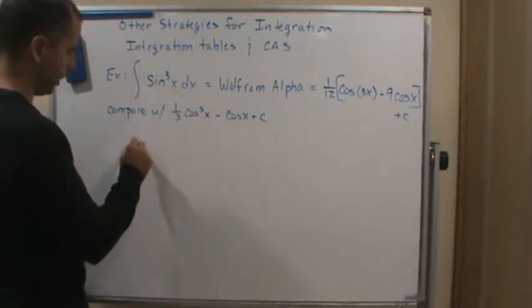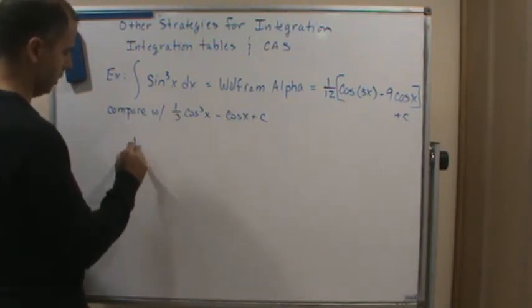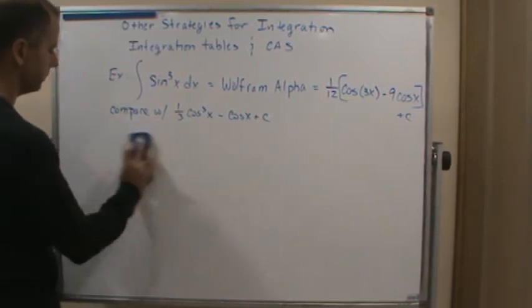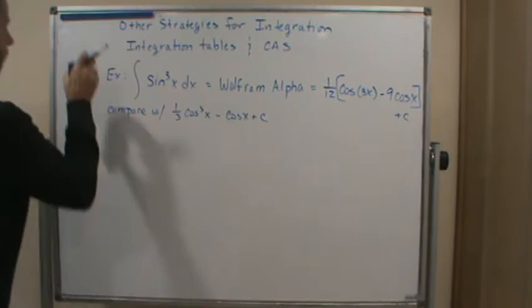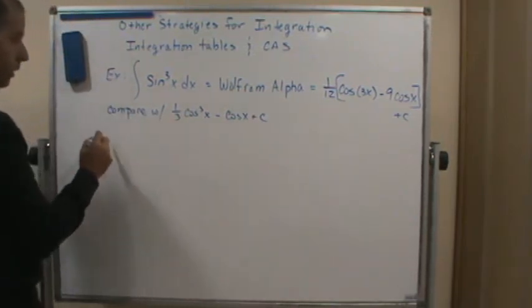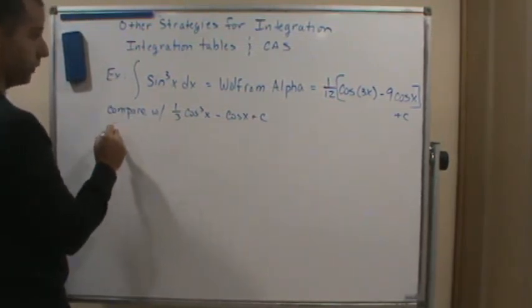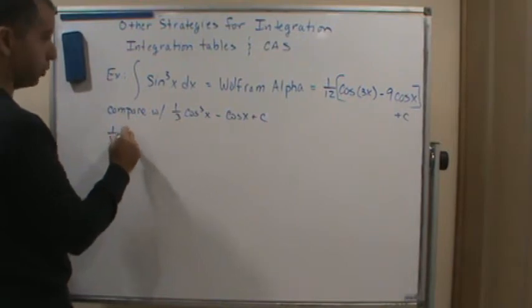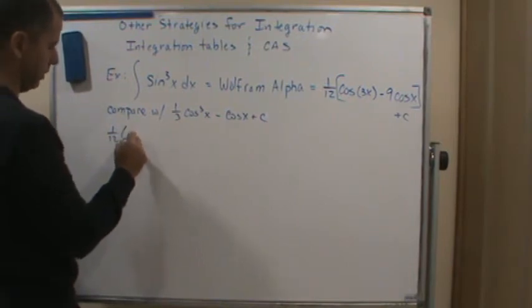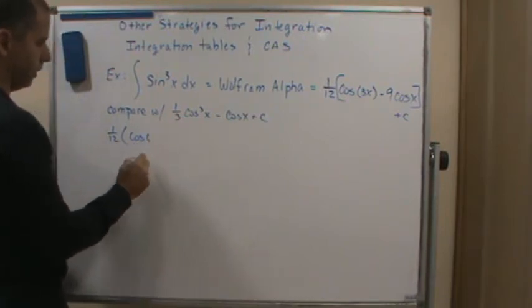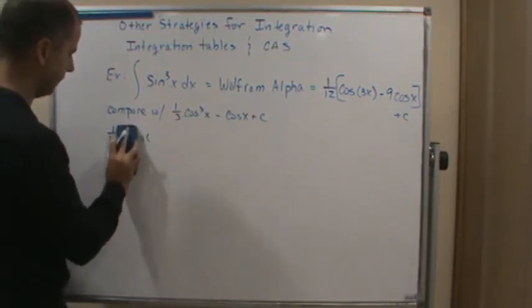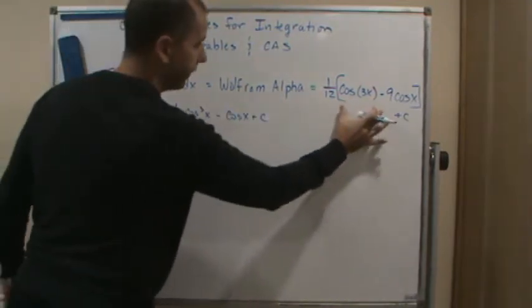let's see, so if we start with this, let me do this. So we start with 1/12 cosine. I'm going to rewrite this a little bit differently.